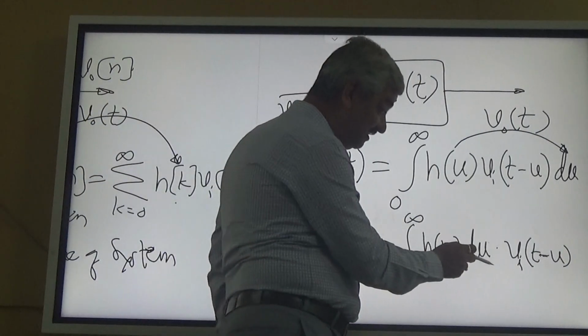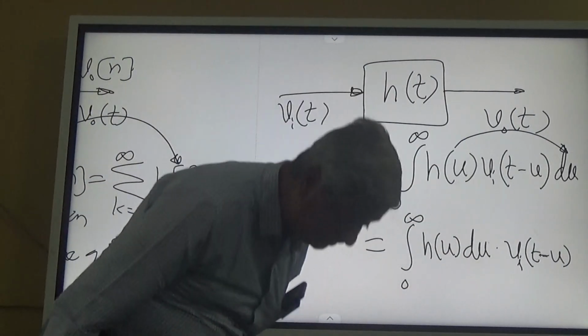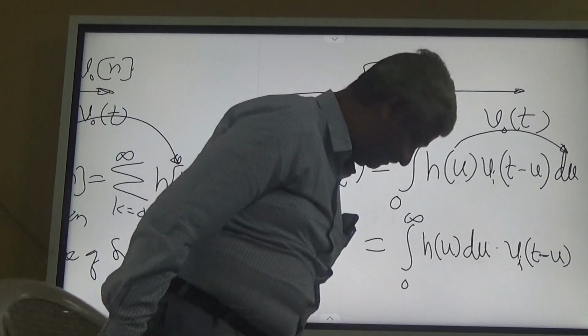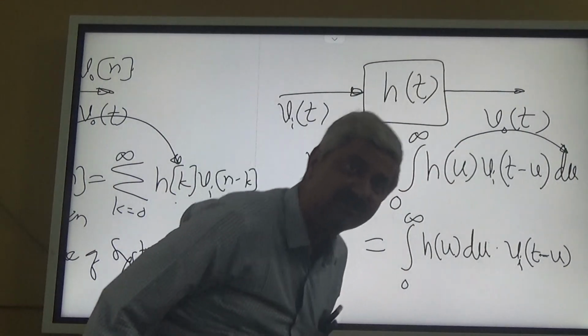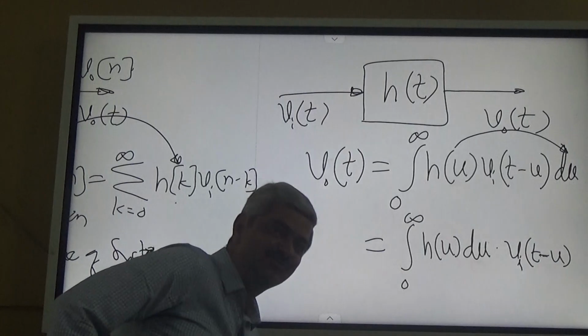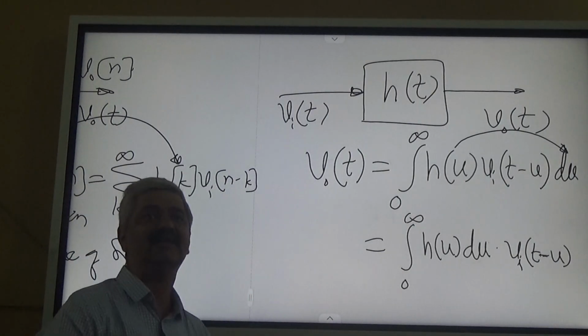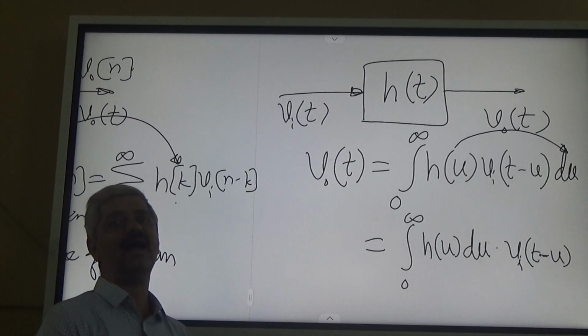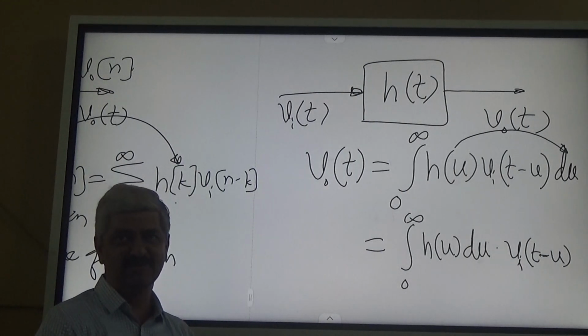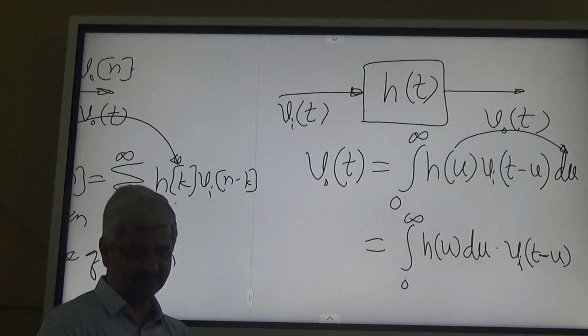What is this du? This du is infinitesimally small. So if I approximate du as delta u, u is a continuous variable.